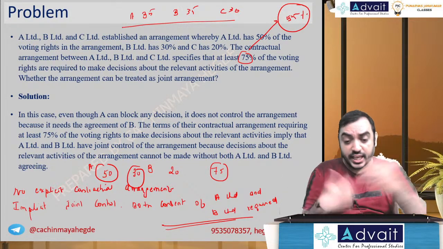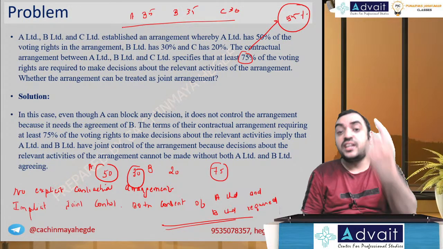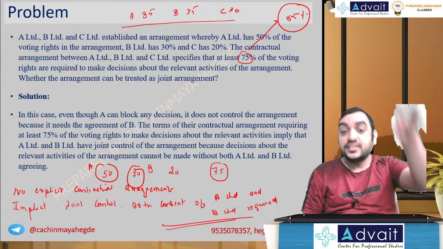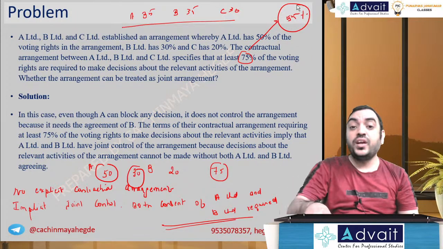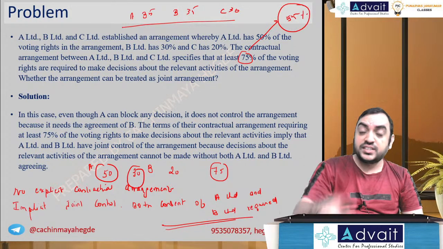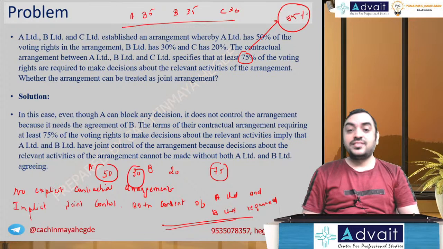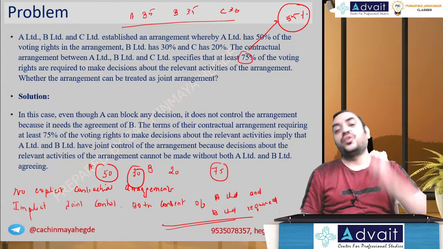And that means A and B will always have a discussion among them and A and B will come with a single decision. Yes, if there is a contractual arrangement between A and B to make a common vote, to make a unanimous decision, then you can say that there is a joint operation.